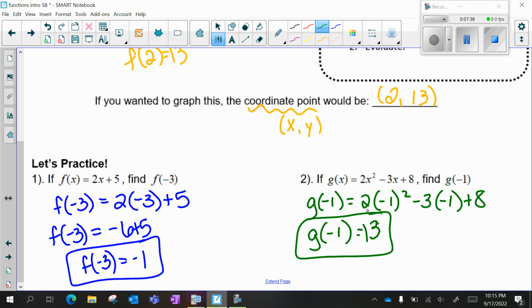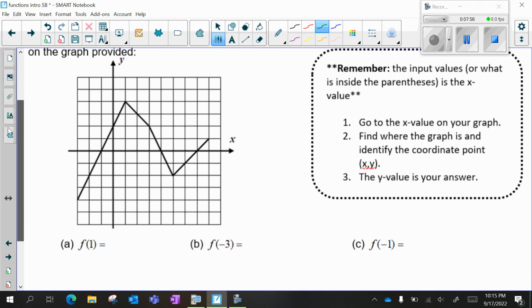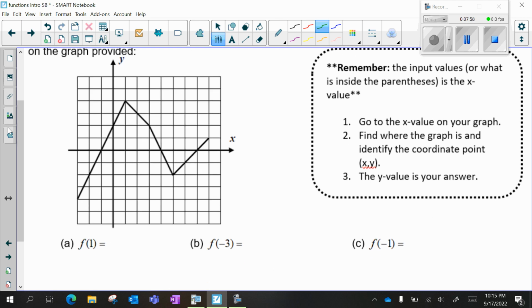And like I said, you can evaluate functions different ways. This was algebraically, and then the last part of this video is to look at it graphically. So it's important to remember that inputs are x values, outputs are y values. So in example A, I'm looking for f of 1.